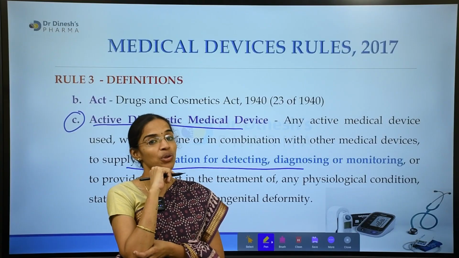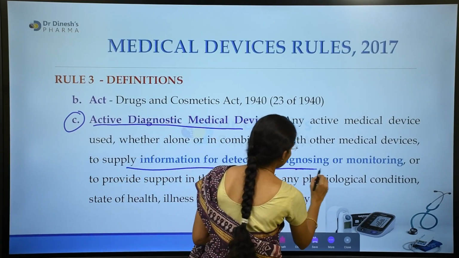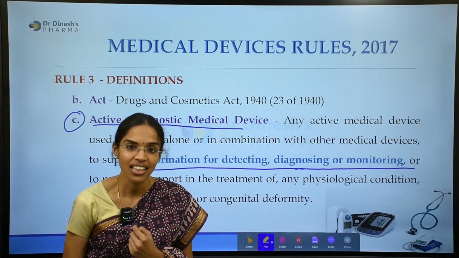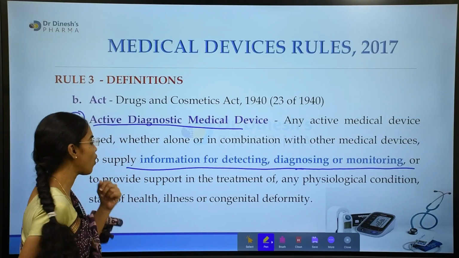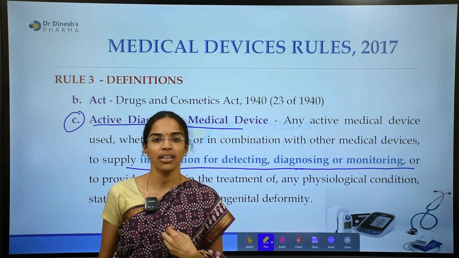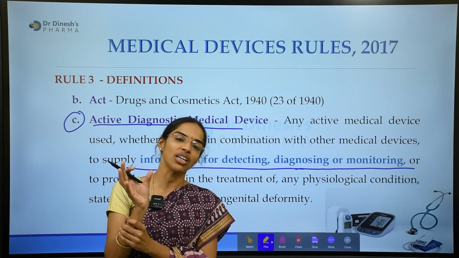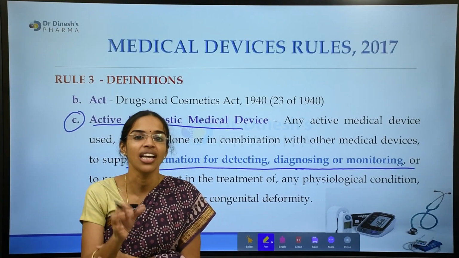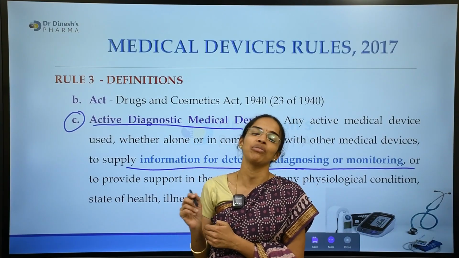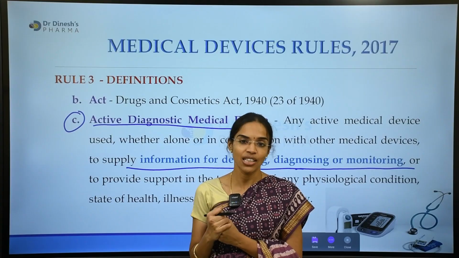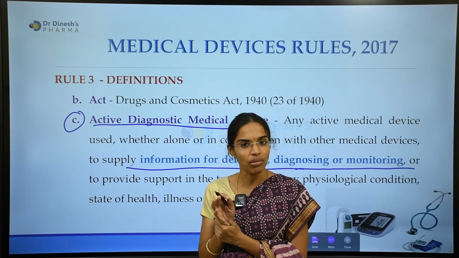Okay, so that we need to remember. What is its duty? Its function is to provide the information for detecting, diagnosing or monitoring. The information of diagnosis or detection or monitoring, or in the treatment procedures, any treatment procedures, whatever information the device is giving is known as the active diagnostic medical device according to MDR 2017.